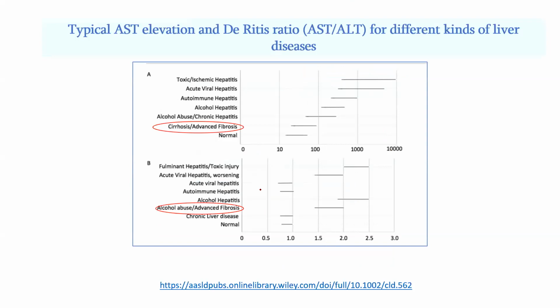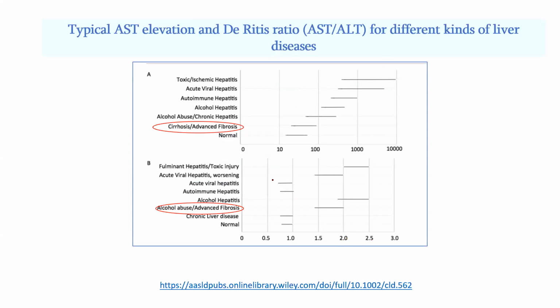Now, practical part. If there is toxic injury or hypoxic injury, AST prevails, and the Ritis ratio, AST-ALT ratio, is 2 or higher.